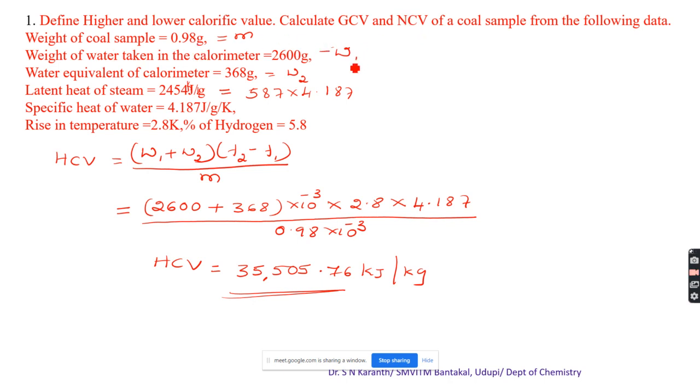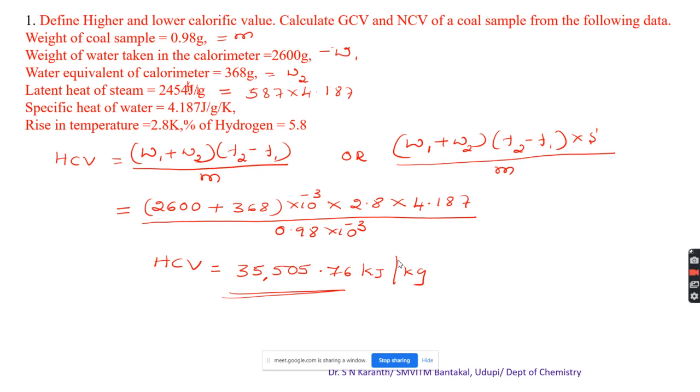You can write the higher calorific value formula like this, or in some books they give directly W1 plus W2 into T2 minus T1 into S. S is nothing but the specific heat of water, divided by M.